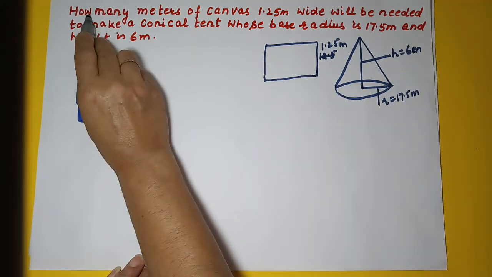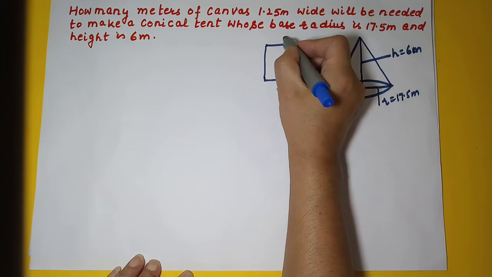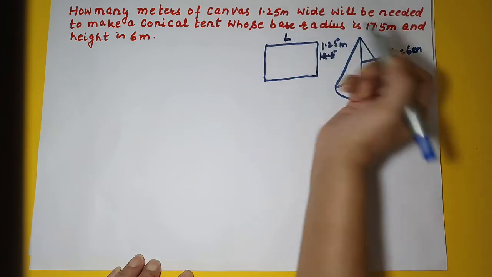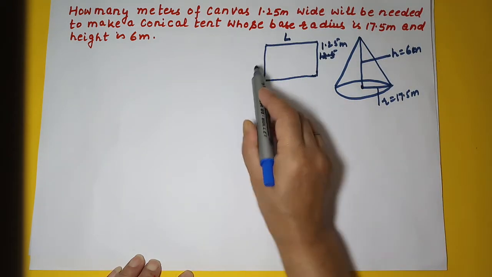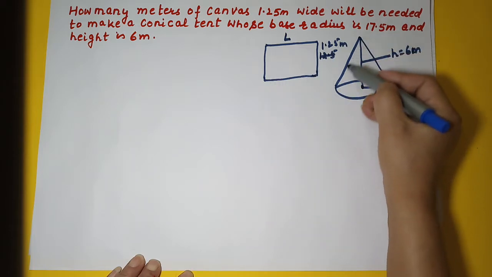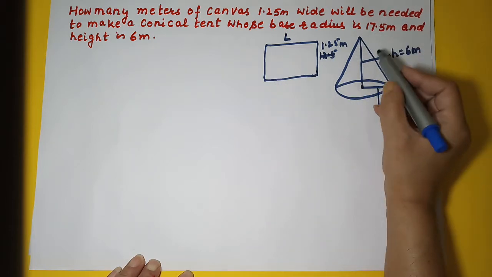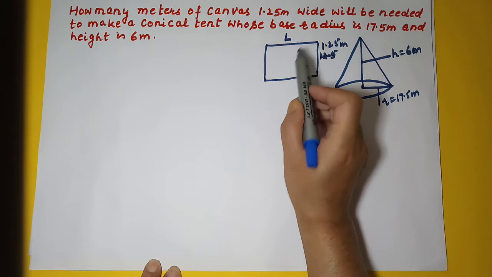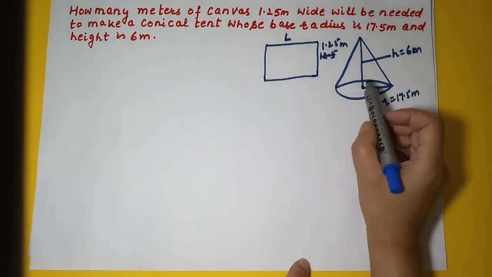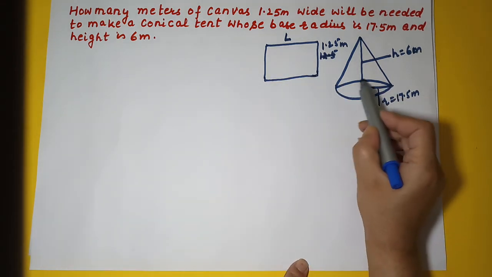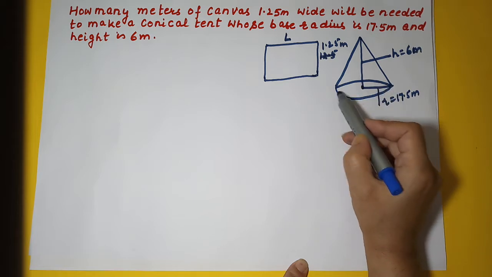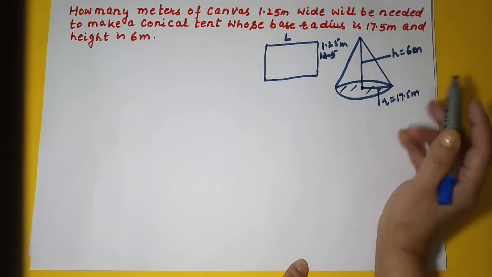And he wants to know how many meters of canvas. That means we have to calculate the length of this cloth so that we can create the shape of a conical tent with this. Now one thing you have to note here is that when we create a tent, we do not consider the bottom part, right?